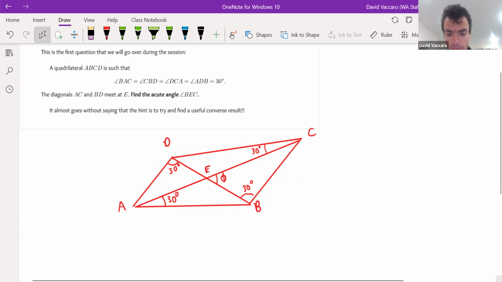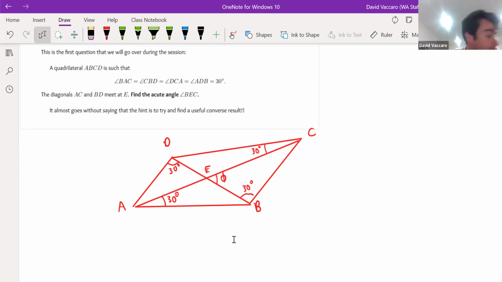In the time that it takes me to get my dog back in, I want you to try and see if you can make any observations about this quadrilateral, and anything which you feel might be helpful to observe.